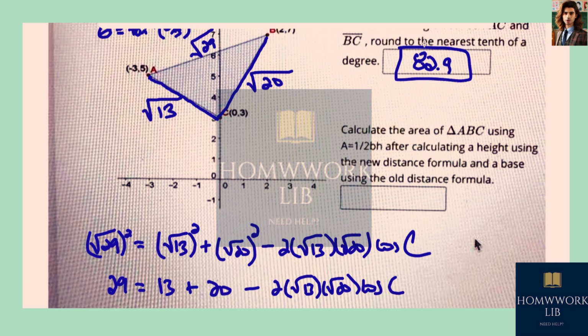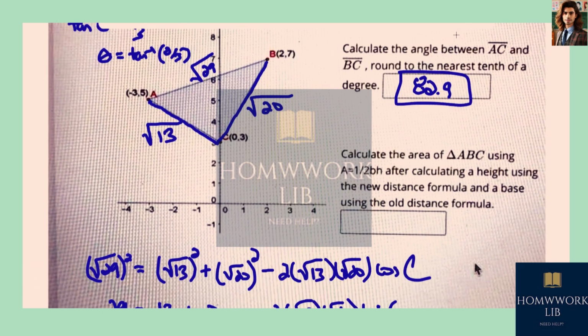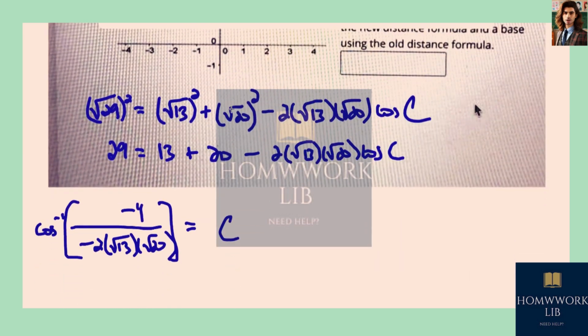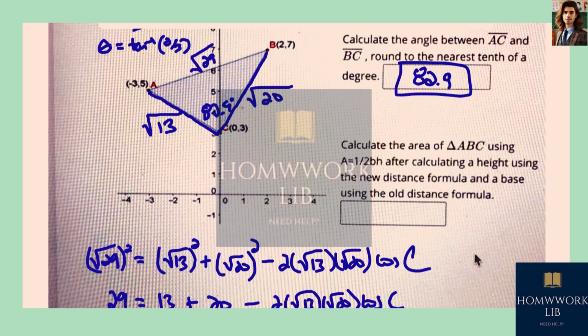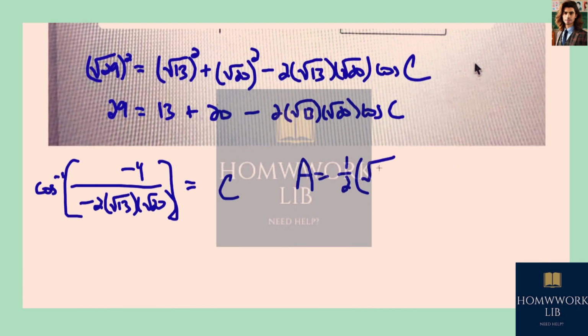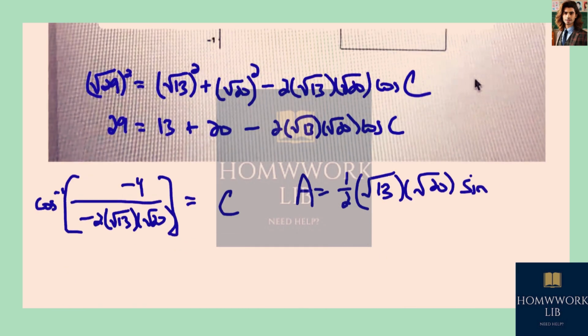The area of the triangle, now that we know that this is 82.9 degrees, can be found using the formula area equals 1/2 times, we want the included angle on the sides next to it, so square root of 13 times the square root of 20 times the sine of that included angle, 82.9 degrees.